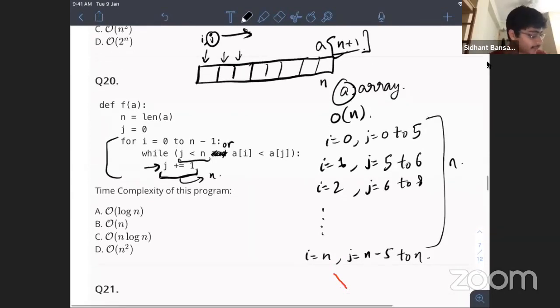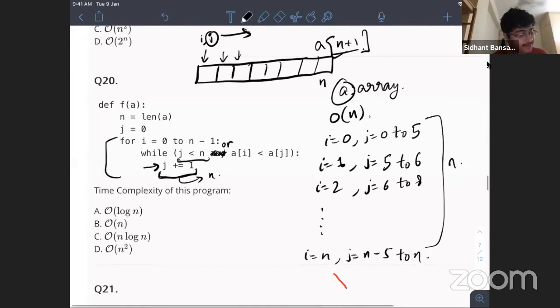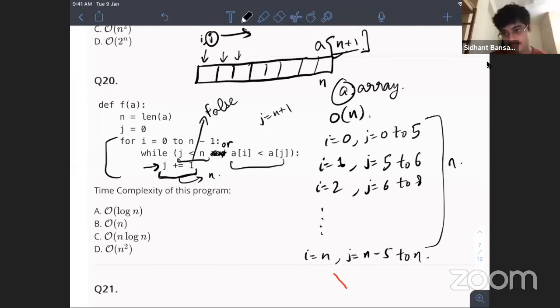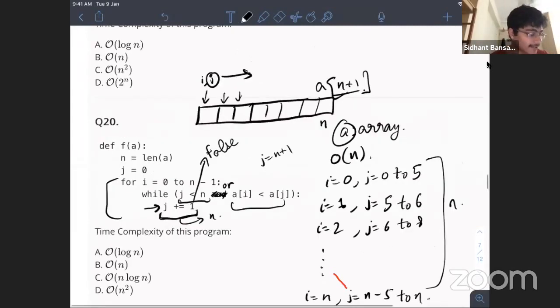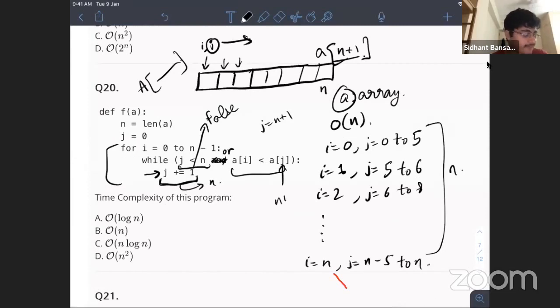But the interesting thing would be, let's think that J takes the value n plus 1. Then this condition will be false, right? Because J won't be less than n, it will be n plus 1. But this condition might be true. In C++, it might be true because your array might actually be declared to a very big size, and you can access the n plus 1th element, which is, let's say, 0 by default.